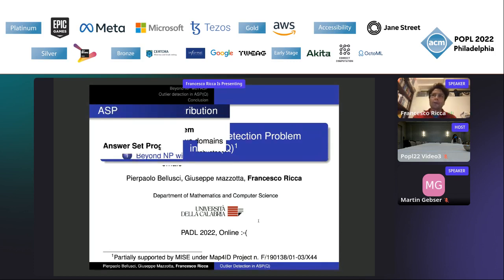So we are talking, of course, of answer set programming. I guess that everybody here knows this is a declarative programming paradigm that is based on logic programming, with roots in Datalog, efficient systems, and a lot of applications. And one of the key properties of ASP is that it has a powerful language. It can model basically all problems that are on the second level of the polynomial hierarchy.